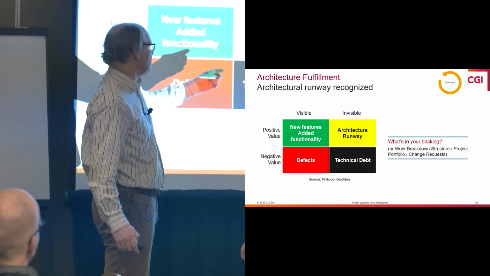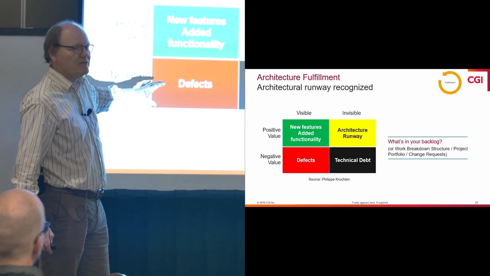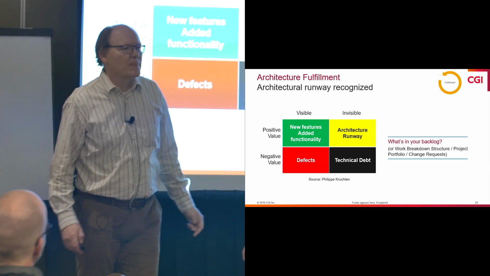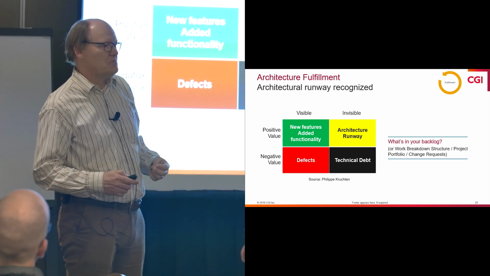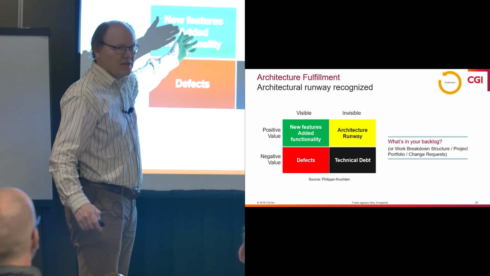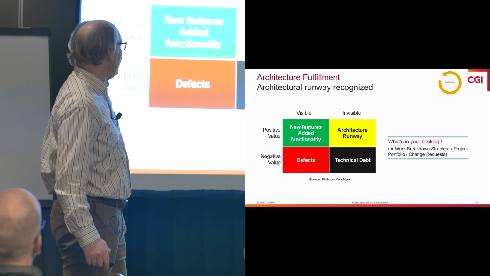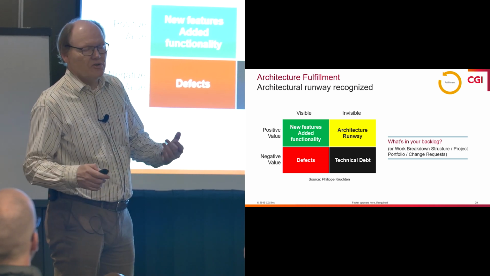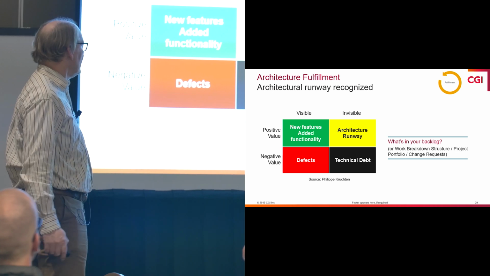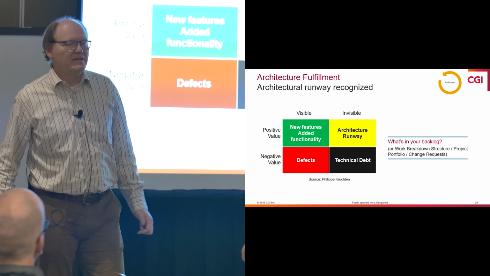And here we have basically two types of stuff, with positive value and with negative value. The stuff with positive value we call architecture runway. It's basically the architectural structures that you need to be able to develop this functionality more efficiently, things like message buses or infrastructure. And then there's technical debt.